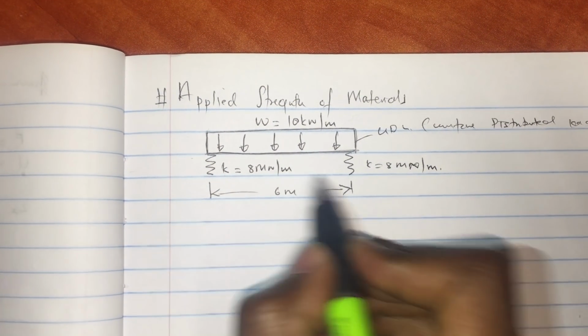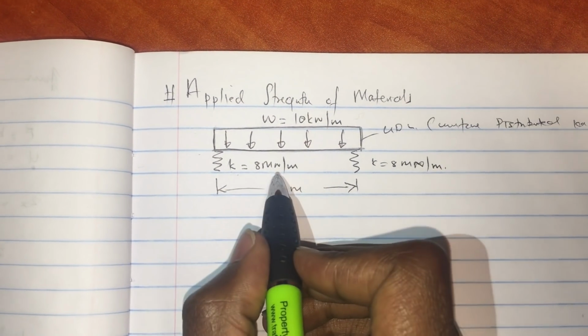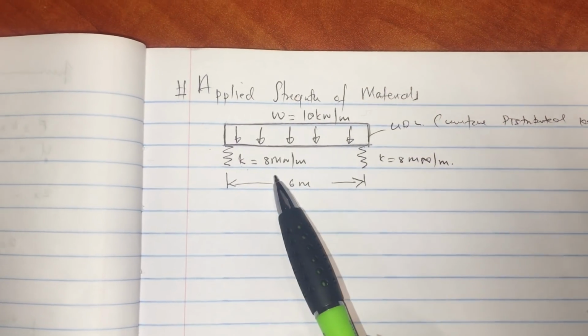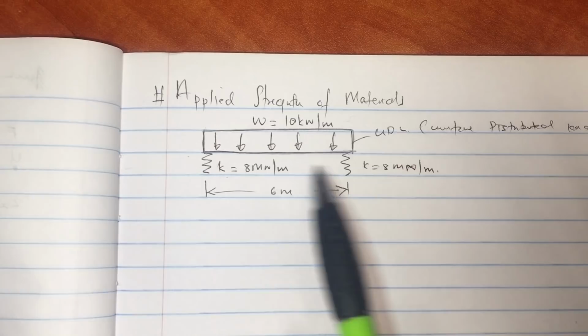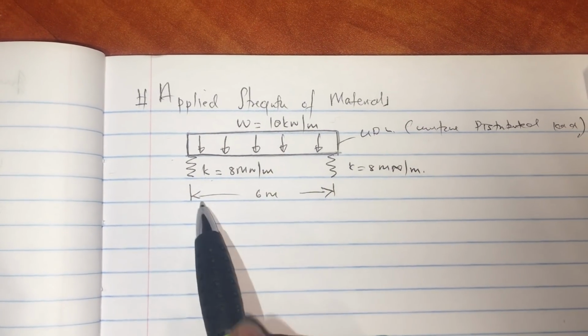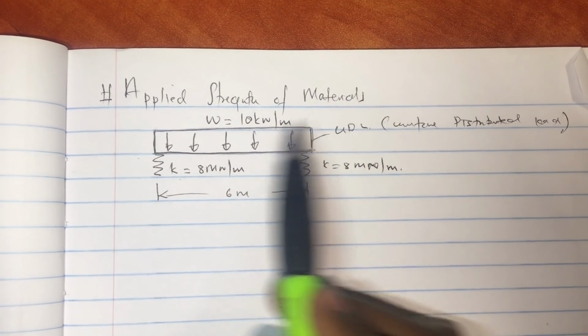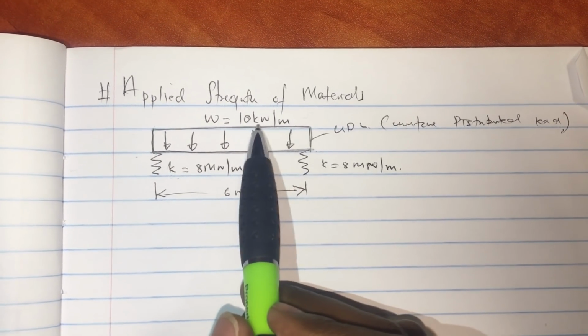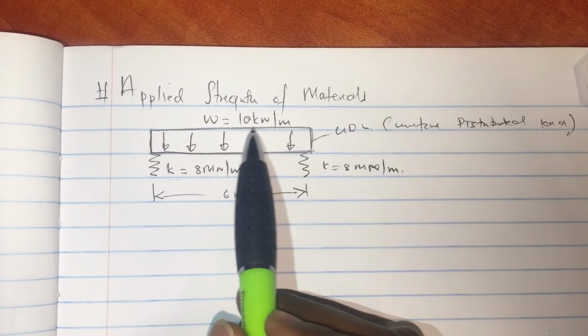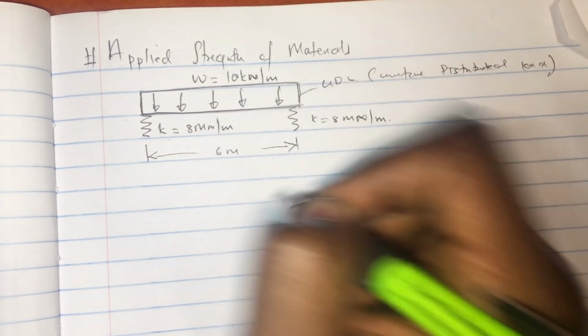In these springs we're given the spring constant K for each spring. In this case they are similar, and we're also given the length of the beam, and the uniform load, the load density, which is load per unit length, which is 10 kilonewtons per meter.